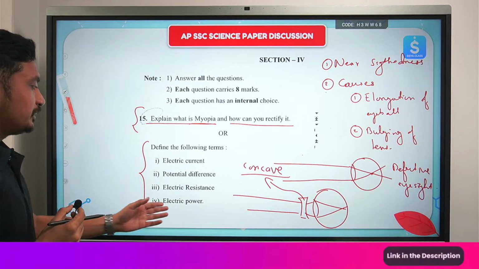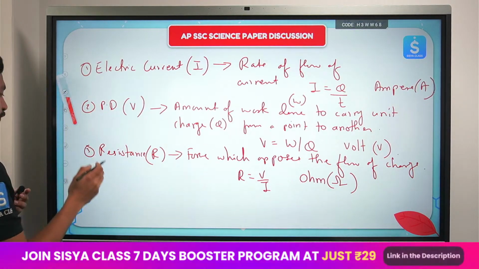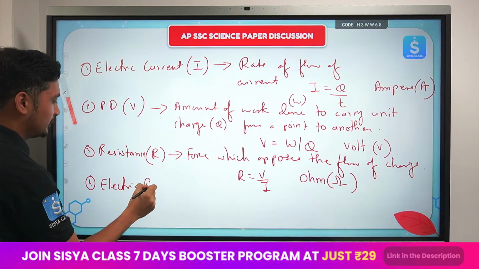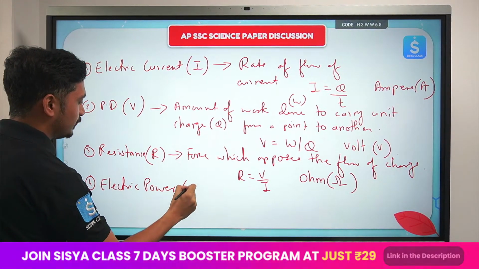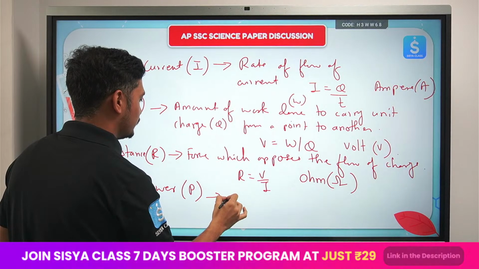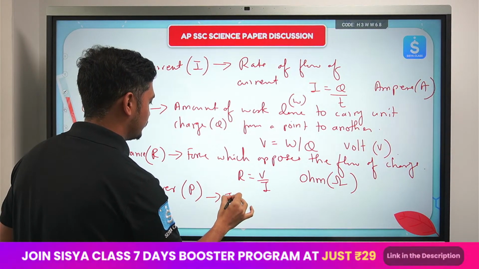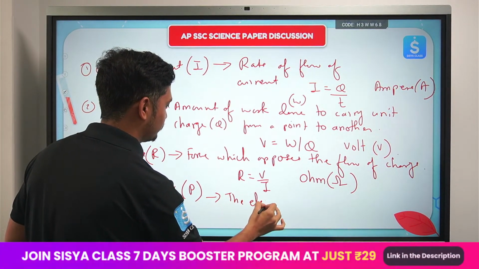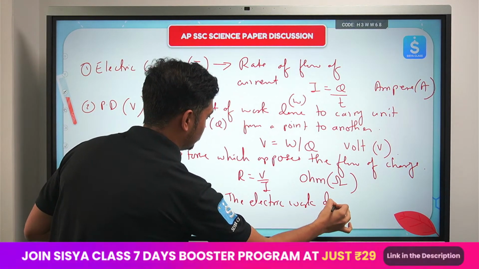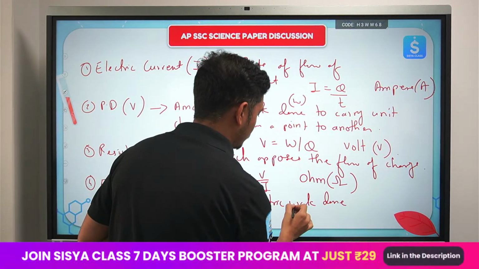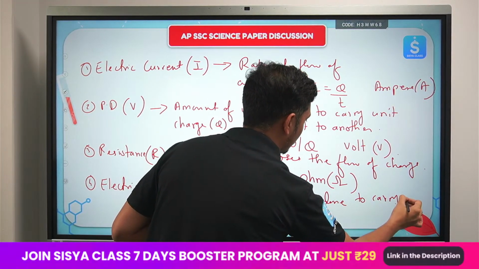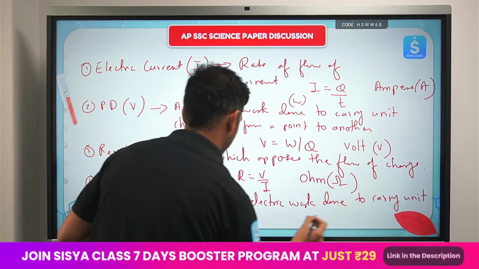Fourth one, then we have electric power. Moving ahead, we have electric power. The symbol is capital P, and we'll say the electric work done to carry unit charge.